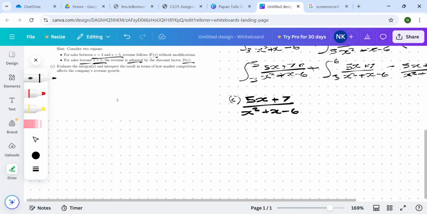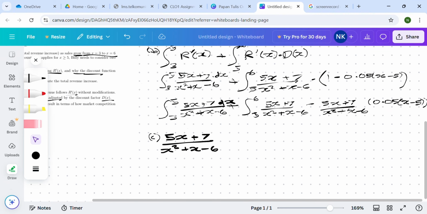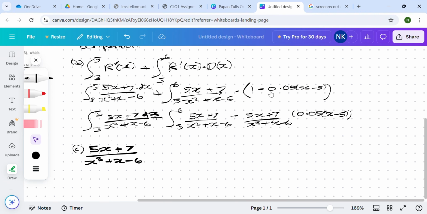Oh yeah, it should be dx, I'm sorry, I forgot, and the same goes with the other integrals.